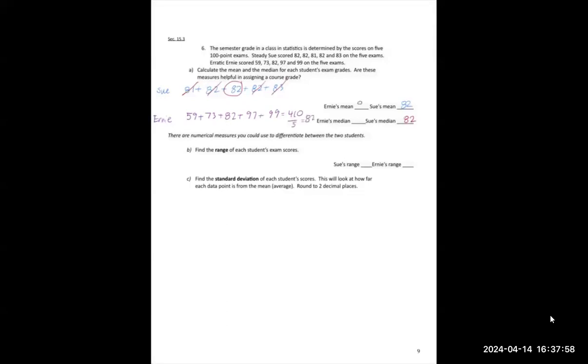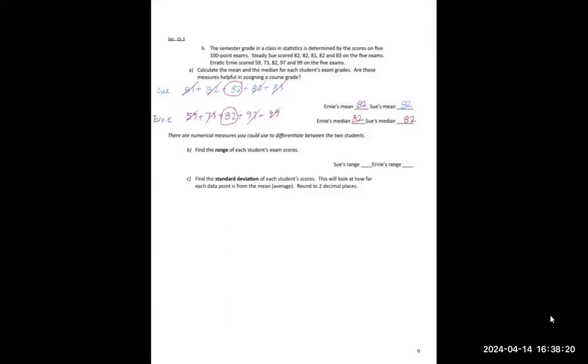So Ernie's mean is 82. And next, I do the same thing I did a minute ago. To find the median, I cross off the smallest and largest, and I get the middle number is 82.